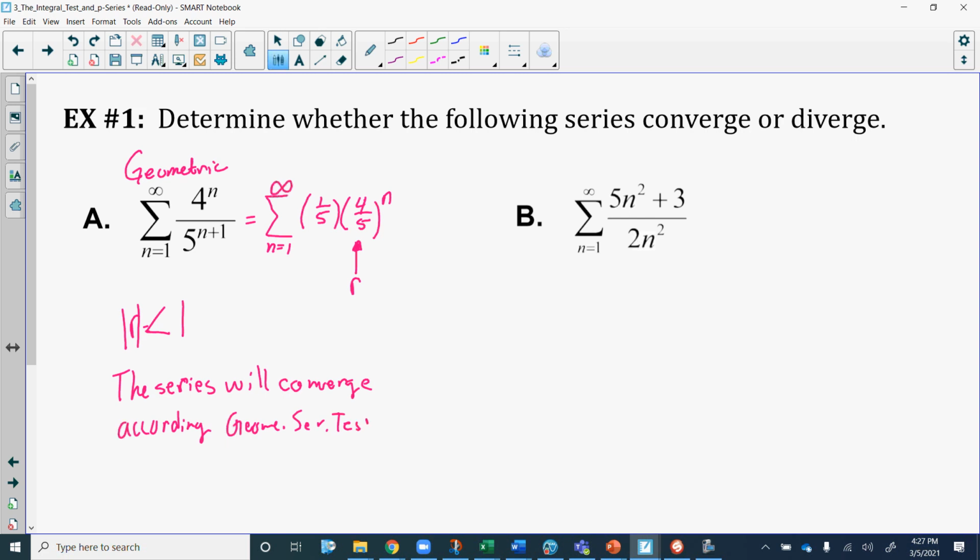So I'm abbreviating here. You don't want to abbreviate on your answers, but here, because we're able to show that the r value is less than 1, we can conclude that the series will converge according to the geometric series test.